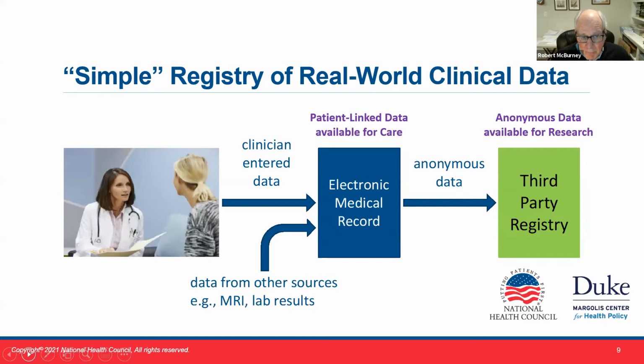Data can come from the clinician, or it can come from other sources like magnetic resonance images or lab results or other sources. And all of that data gets into the electronic medical record, where it is linked to the patient identity for the purpose of care. And so that's the function of the electronic medical record, is for care and other activities such as billing. But primarily, the data is used for care.